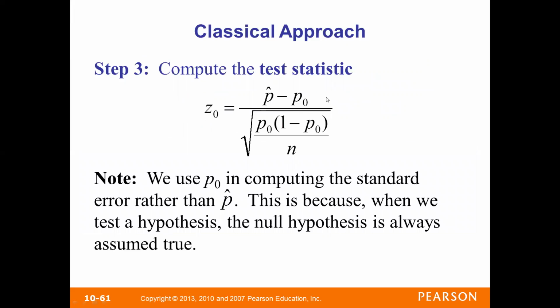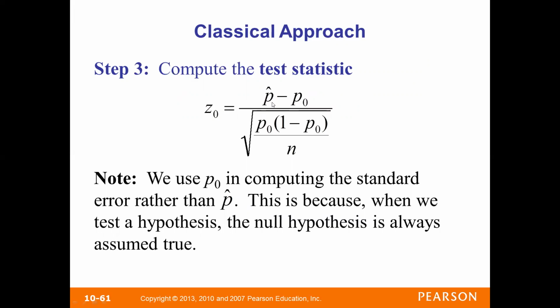We're now going to compute a test statistic, just as we did in all of our other processes for testing hypotheses. The difference is our test statistic will now have a slightly different formula. First of all, it will be a z-value rather than a t-value. And it's going to be related to the hypothesized proportion and the sample proportion in the following way.